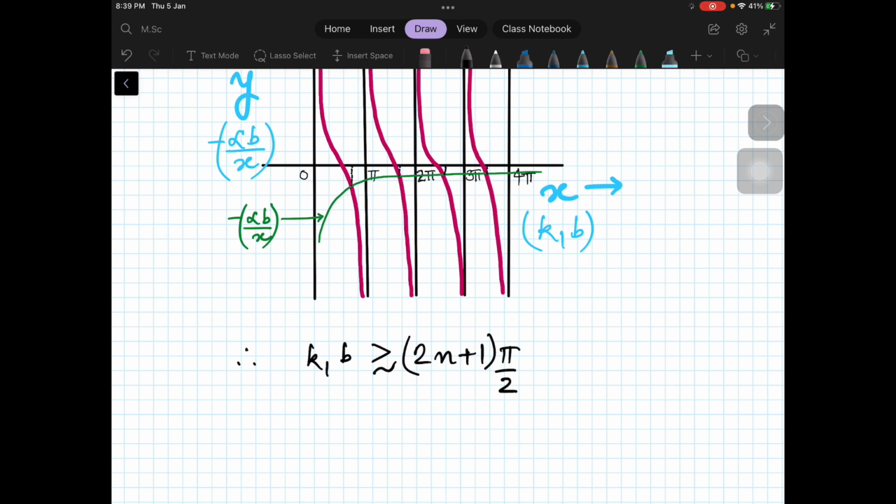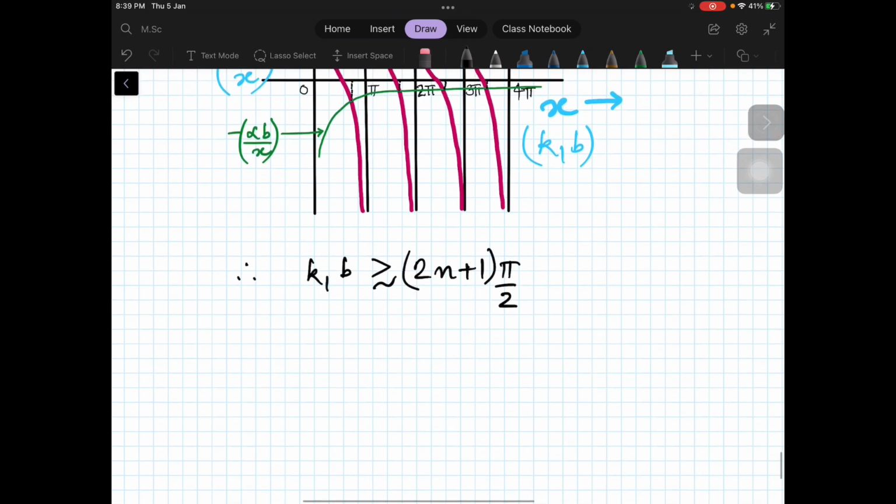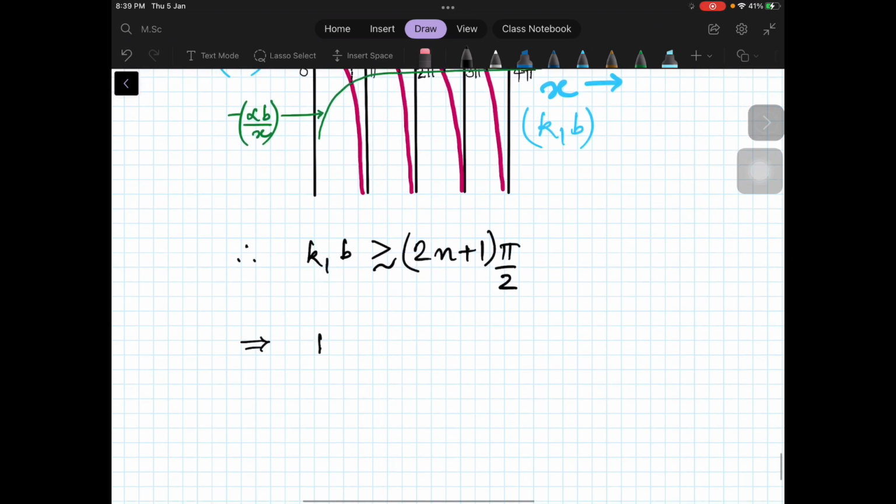So we could write that K1b is equal to pi by 2 plus epsilon naught, because we are making calculations for the ground state. Here we can write n is equal to 0, 1, 2, 3. Sorry, we'll take n is equal to 0, so we can write K1b is equal to pi by 2 plus epsilon naught, where epsilon naught is a very small number.